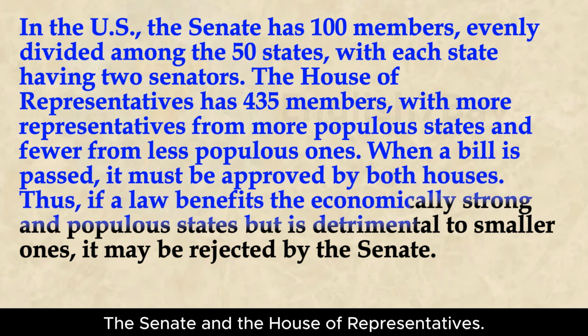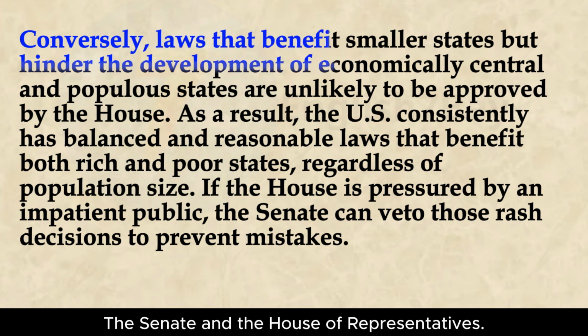Thus, if a law benefits the economically strong and populous states but is detrimental to smaller ones, it may be rejected by the Senate. Conversely, laws that benefit smaller states but hinder the development of economically central and populous states are unlikely to be approved by the House. As a result, the U.S. consistently has balanced and reasonable laws that benefit both rich and poor states, regardless of population size.